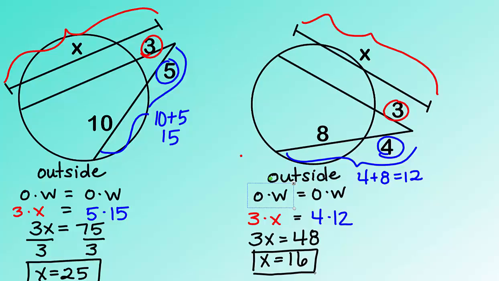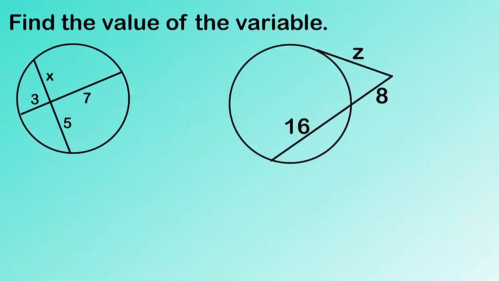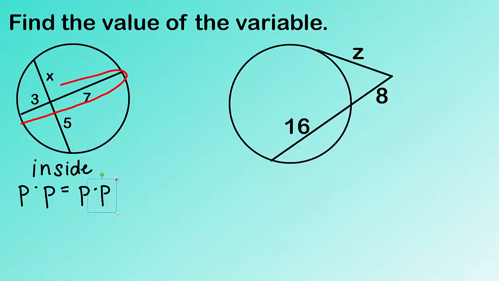Let's look at some more. I identify in this first one that the intersection is inside the circle. That means I'm going to use pop, pop. So I'm going to look along this line first.